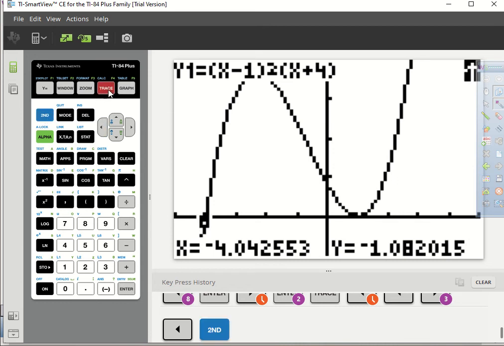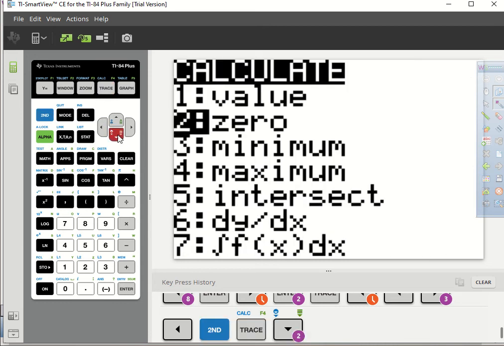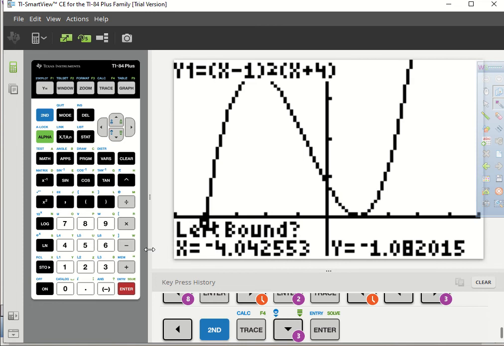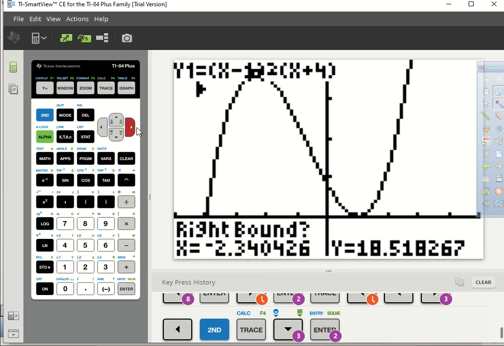So we go to second calc, we go to maximum. So we want to find a left boundary, and then we're going to find a right boundary.